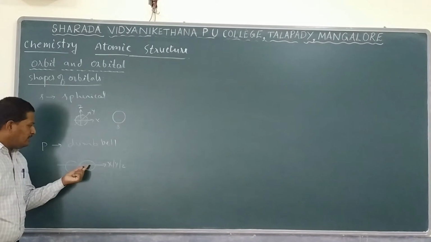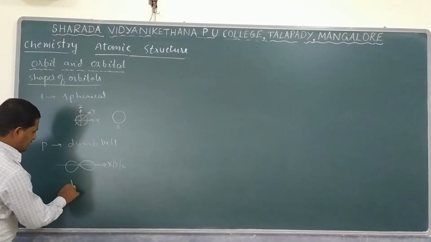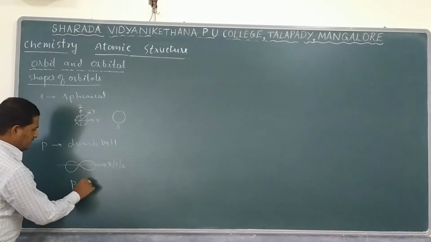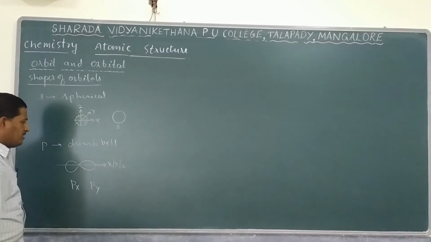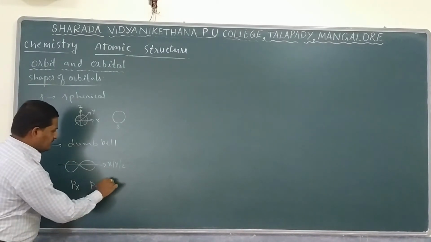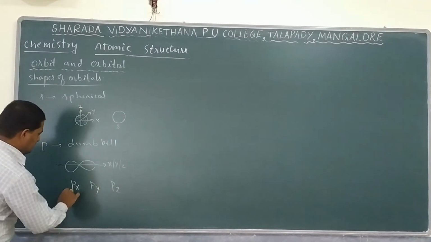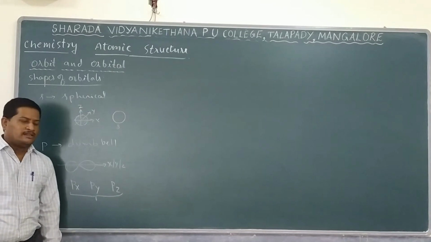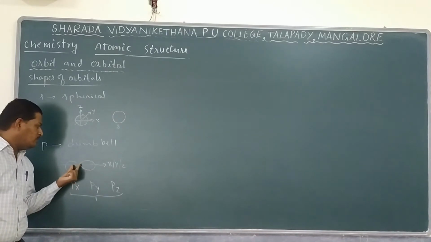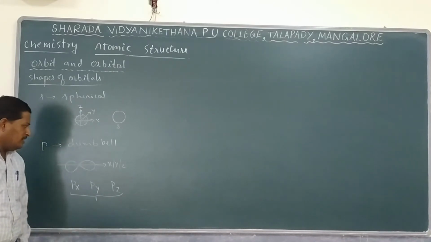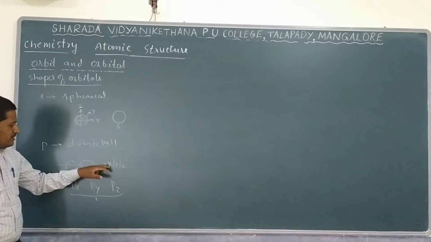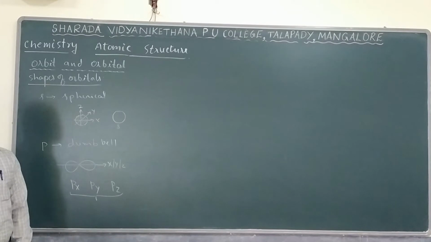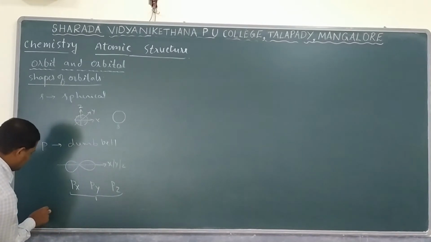If the dumbbell is present along the X axis, then it is considered a Px orbital. If along the Y axis, then a Py orbital. And if along the Z axis, then it is called a Pz orbital. As a result, P orbitals are of 3 categories: Px, Py, or Pz, depending on the direction of the lobe.